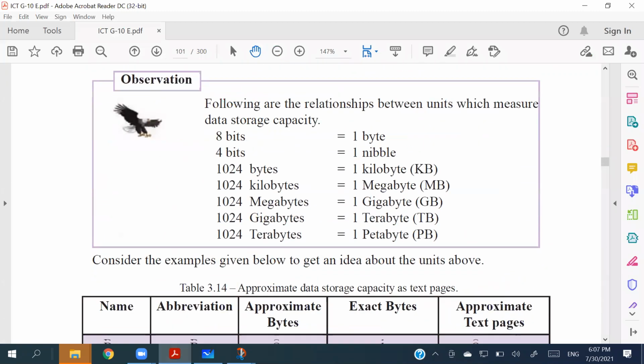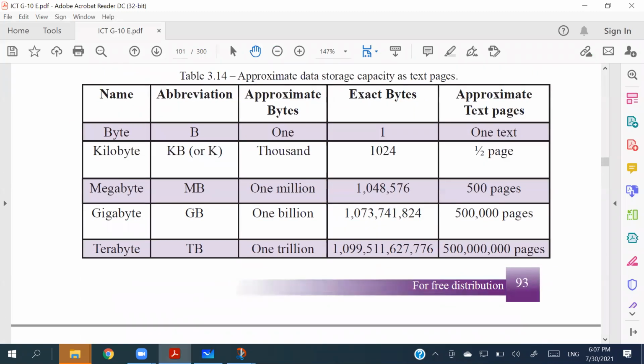So next, now this table, we are not going to write this table, but it's better we concentrate on what they are saying. It's just a comparison, saying how it compares with things in the real world, right? They are asking us to think of a byte as one text character.